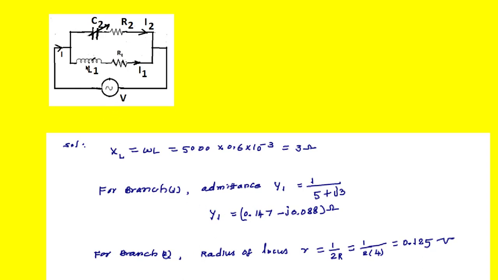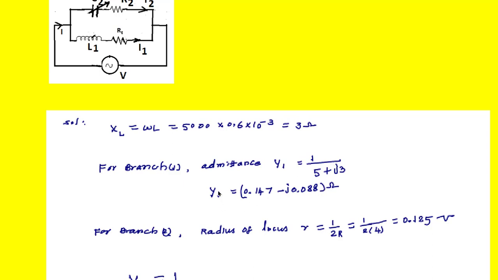The reactance of the inductor L1 is given by XL equal to omega L, and omega is given in the data as 5000 radians per second, and L is also given as 0.6 millihenries. If we multiply these omega and L values, then we get 3 ohms.